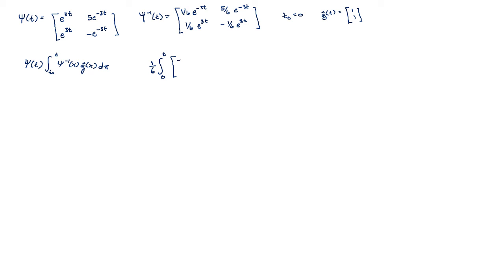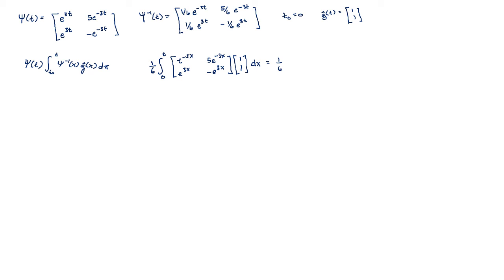And in here I'm going to write e to the minus 3x, 5e to the minus 3x, e to the positive 3x, and minus e to the positive 3x power. Since g is a constant vector, g of t and g of x look exactly the same as each other, 1, 1. We're going to integrate this with respect to x.